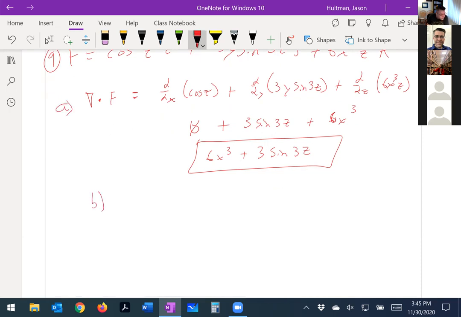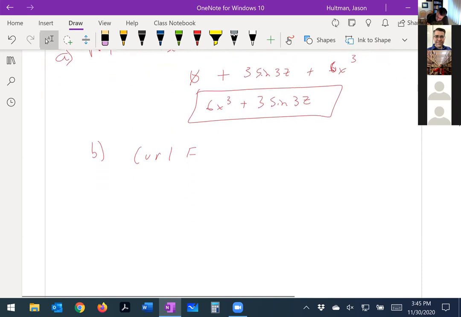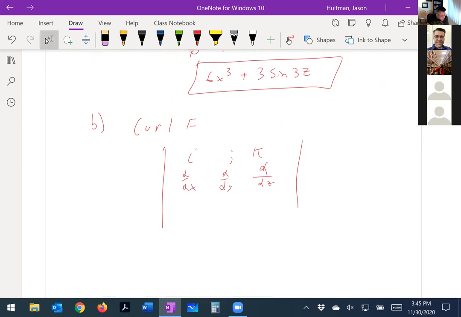Part B says find the curl of this thing. So we're going to set up our matrix: i, j, k; partial with respect to x, partial with respect to y, partial with respect to z; then cos z, 3y sin 3z, and 6x cubed z.